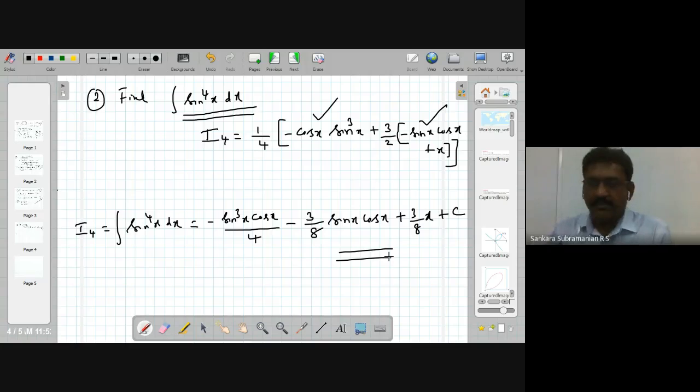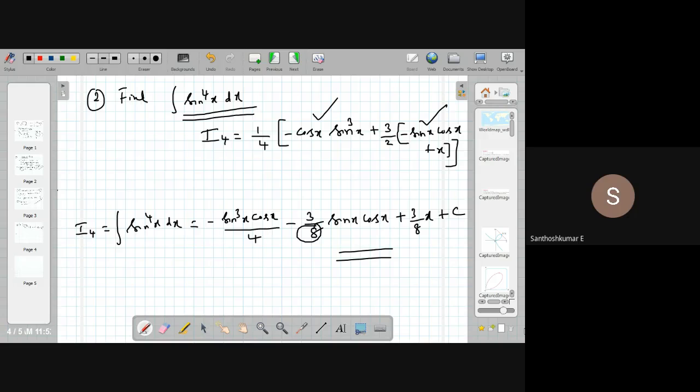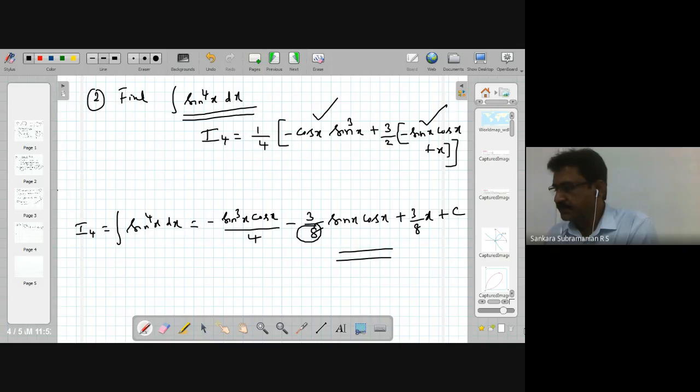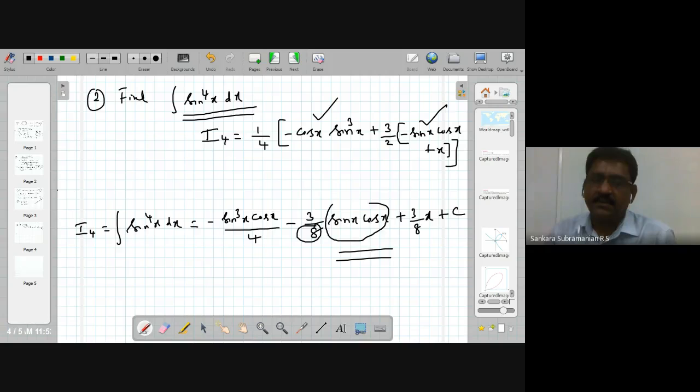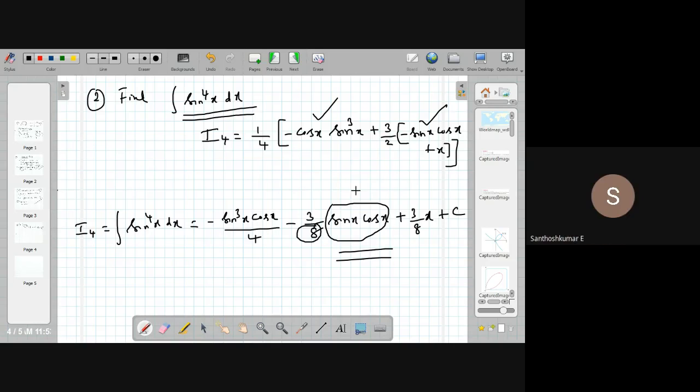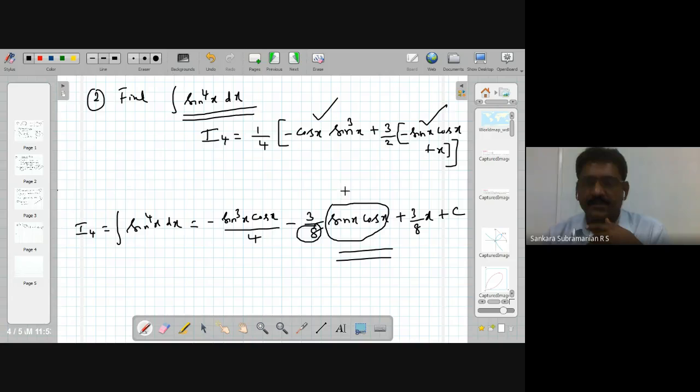See, we are not wrong; it is in the book. Here at this place 16 comes, see. Sir, it won't come. Sin power 4x dx. Oh, I have written sin 2x. This can be written... how can sin x cos x be written? Sin 2x is equal to 2 sin x cos x, is it right?